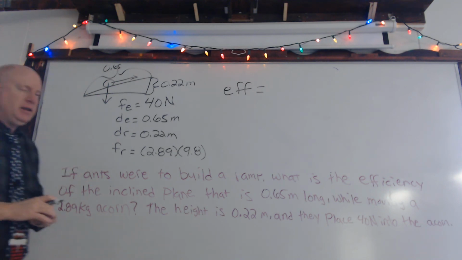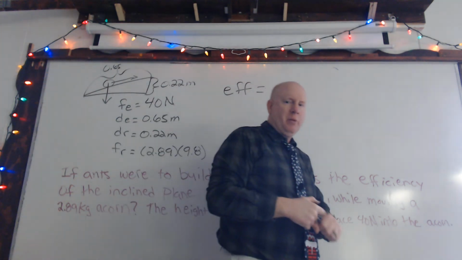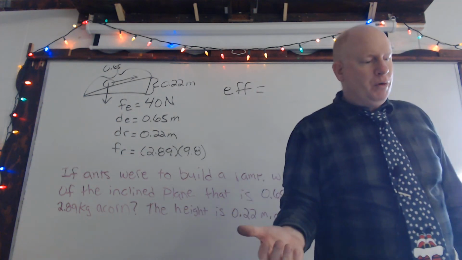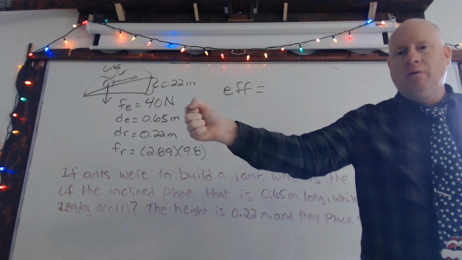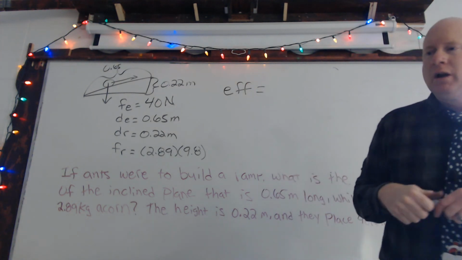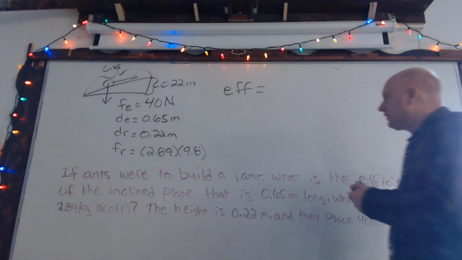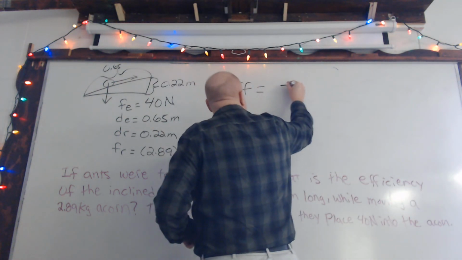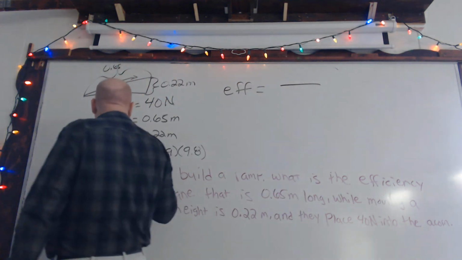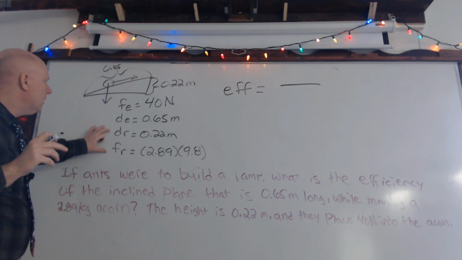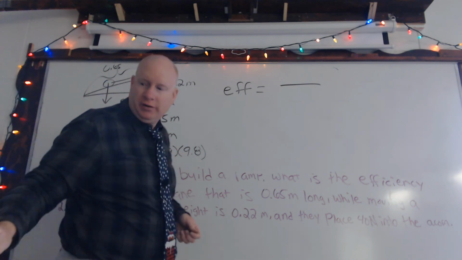That's one of those that maybe you're talking about a baseball bat being swung, or maybe you're removing a nail like we talked about in class, where you're moving that crowbar, or maybe you're chopping an axe into a trunk of a log or a tree trunk. But in this case, efficiency, it's a fraction. So what we do is Fr times dr is on top. So we just do what the formula tells us to do.